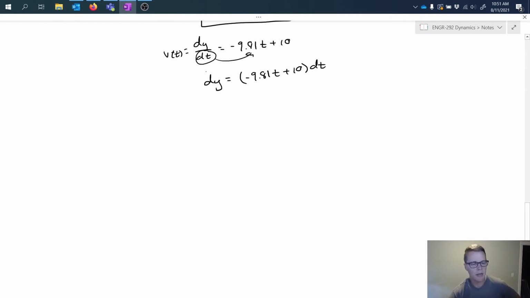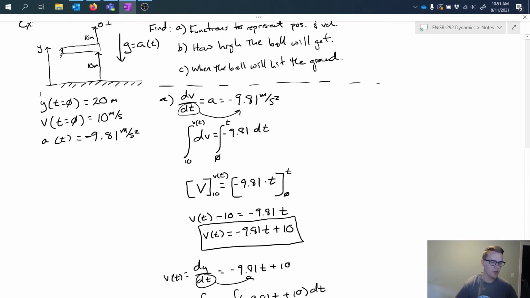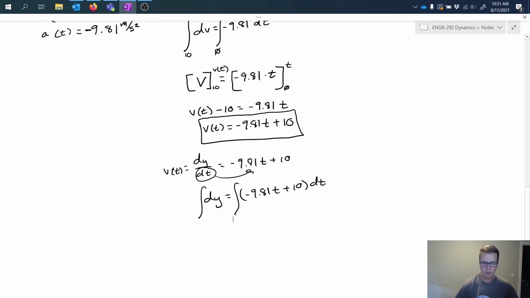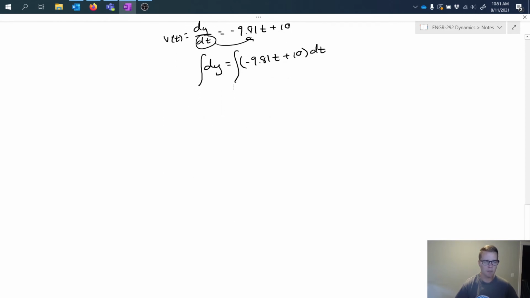Now, once again, I can integrate both sides, and I need to figure out what my limits are. Well, up in the problem statement, we said that our initial position of y was 20. So we can go ahead and plug that in just like we did in the last part. And we don't know necessarily our end position, so we'll plug that in as a function, y of t, and do the same thing on time.